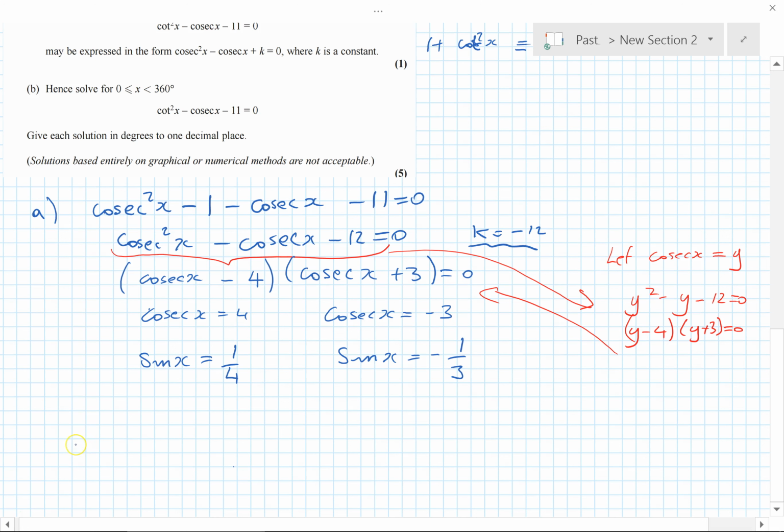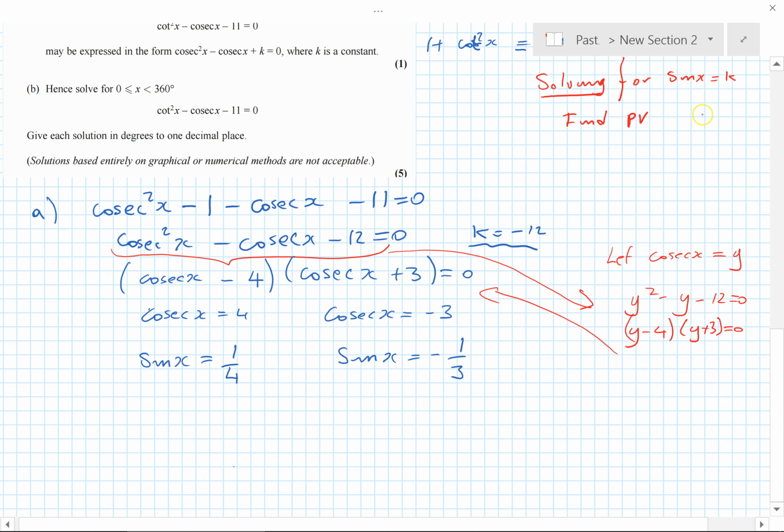Those of you who know me know I'm not a big fan of making a big fuss about solving trig equations with CAST diagrams or even graphs. We should know that if we find a principal value for the sine, let's write it up here in red, that's the value that the calculator gives you.